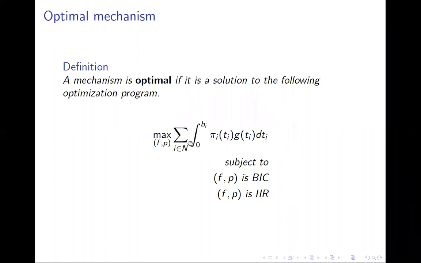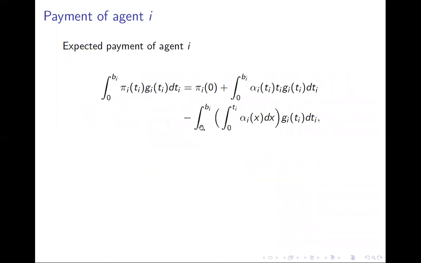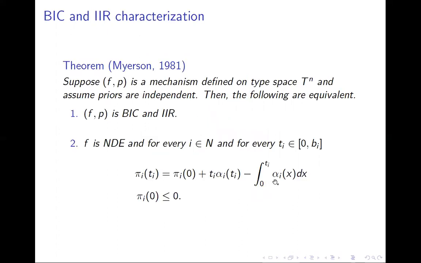This particular thing here is the expected revenue bidder i will generate. If he's of type t_i, this is the expected payment he makes, and this is the probability with which he is of type t_i. So this is his expected revenue. First, I'm going to simplify that term by using the revenue equivalence formula.